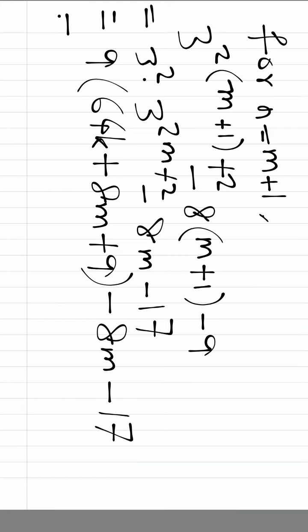Now after calculation you can write like this. See, it is 9 into 8m, that is 72m minus 8m, so it is 64m, and it will remain only m in the bracket. And also in the same way, it is 81 minus 17, that is 64.